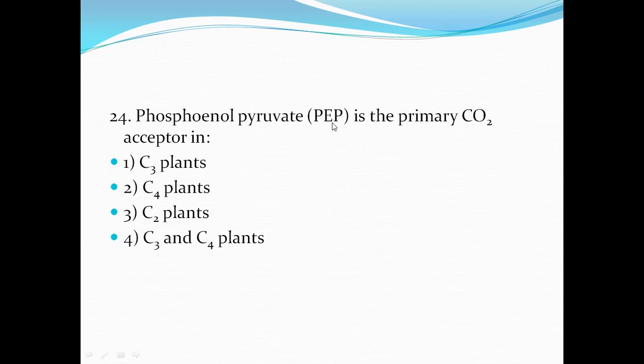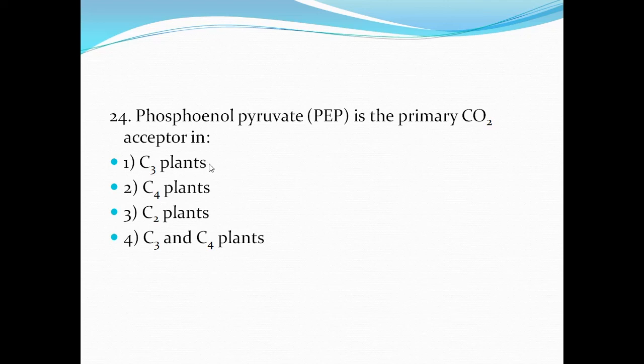Phosphoenol pyruvate (PEP) is the primary carbon dioxide acceptor in... You know very well that in C4 plants, HCO3, that is bicarbonate ions, come from carbon dioxide, because carbon dioxide gets dissolved in the cytoplasm to form HCO3 ions.